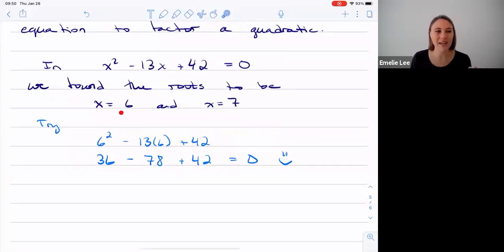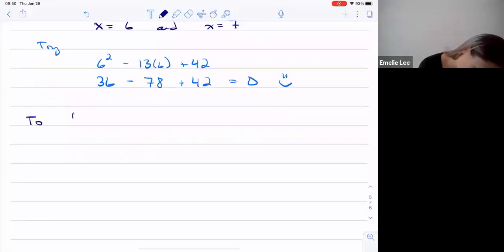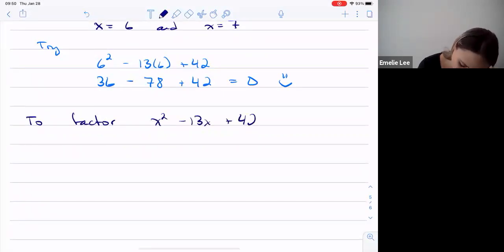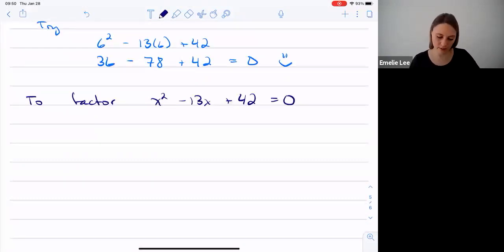So if you found that x equals 6 and x equals 7 make this thing 0, what you can do is rewrite this as a factor. So to factor x squared minus 13x plus 42, later on we're not even going to need that equal to 0.